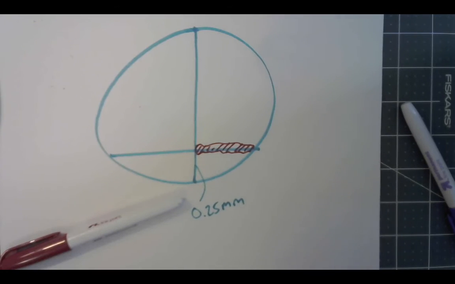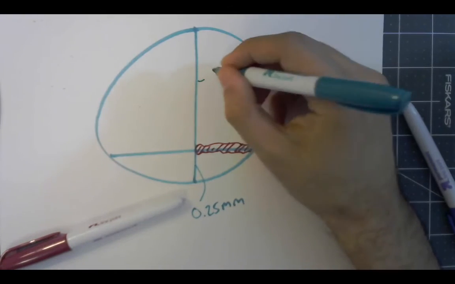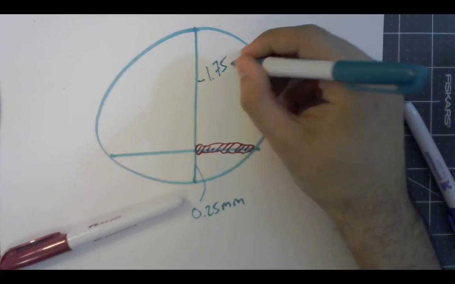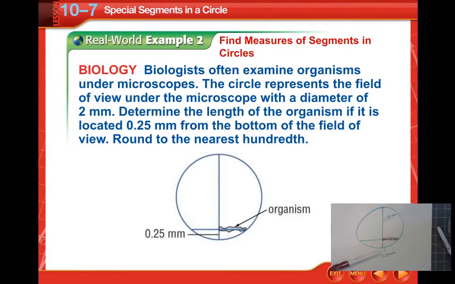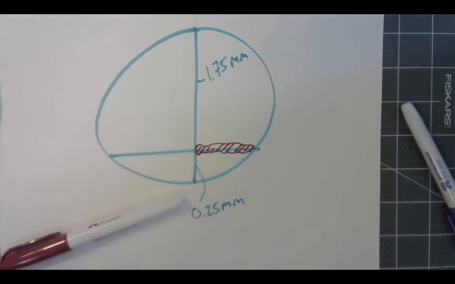Well, if this is 0.25 millimeters, then I know this has to be 1.75 millimeters. How do I know that? Well, if I look back at the question, it tells me my diameter is 2 millimeters. I'm given that bottom piece, so I just have to find whatever's left over to get me to 2. So because I know that, I know I have this.